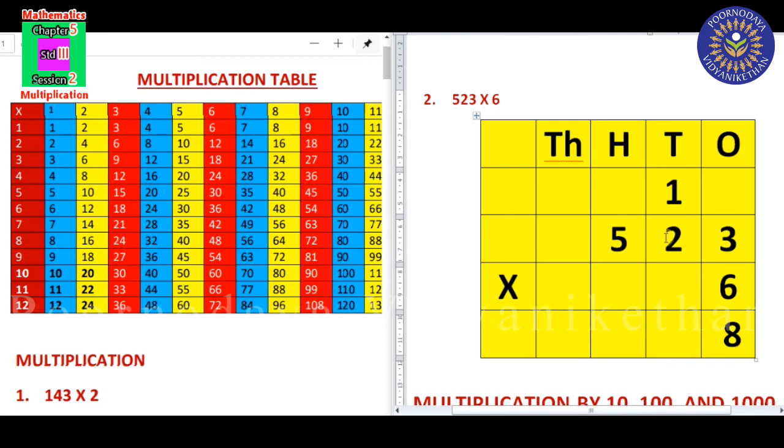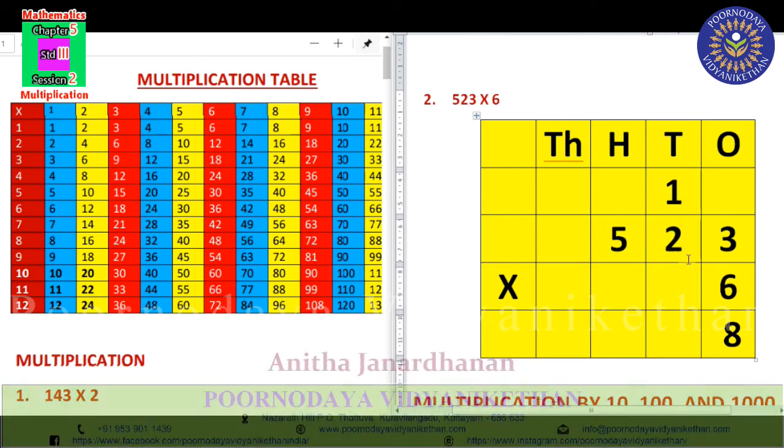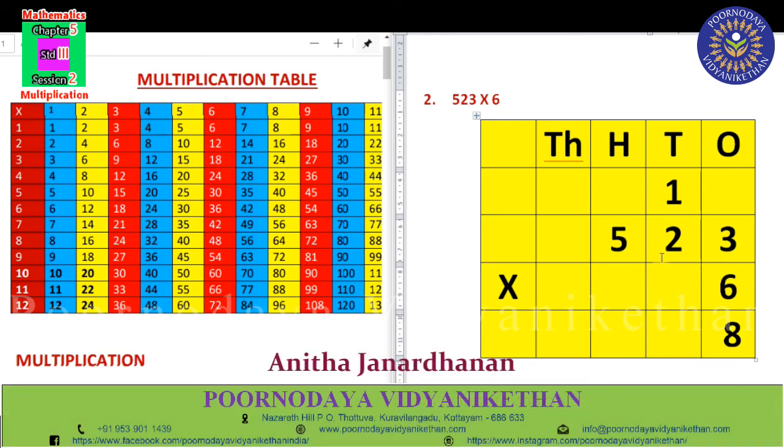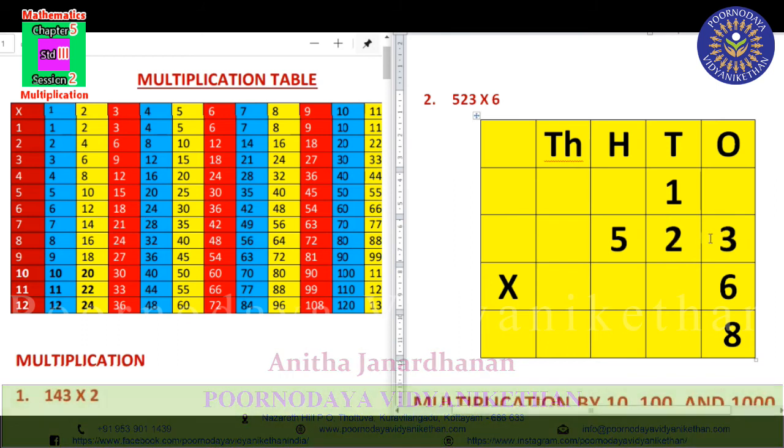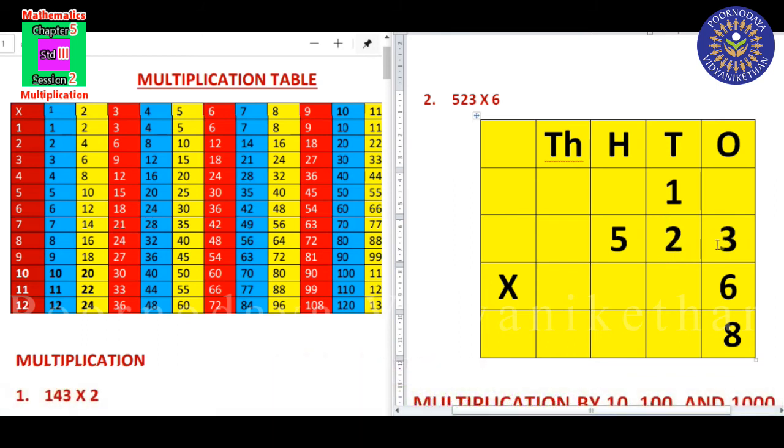Clear? Now in tens place there is 2. 2 multiplied by 6. 2 1 is 2, 2 2s are 4, 2 3s are 6, 2 4s are 8, 2 5s are 10, 2 6 are 12.